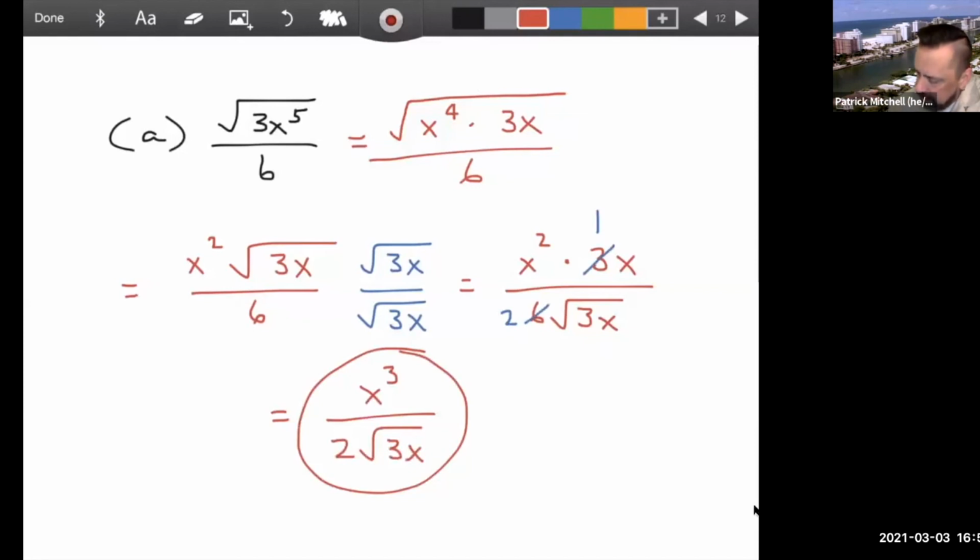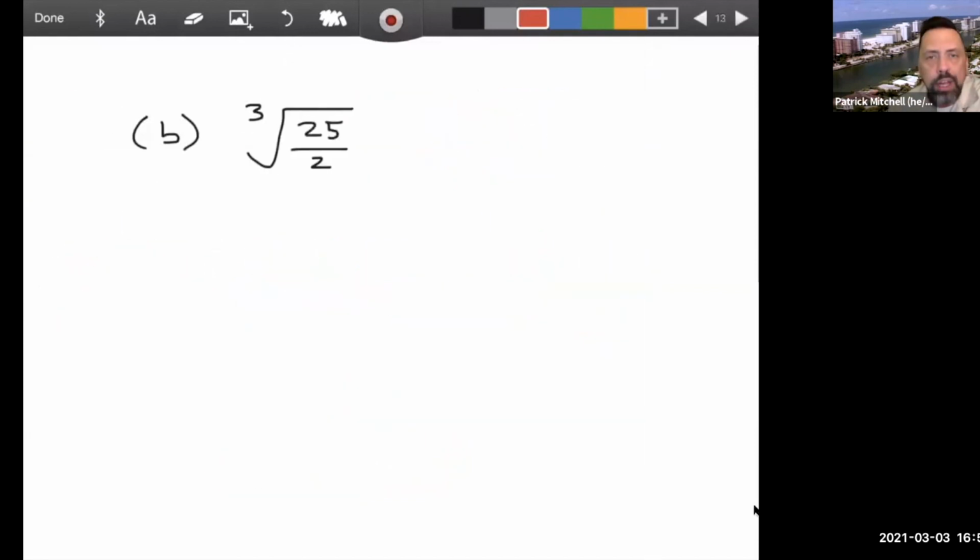All right, and then finally, the cube root of 25 over 2. So the first thing I'm going to do, as usual, when I have a whole entire fraction under the radical, is I'm going to use my quotient rule to split that up. I'm also going to write this 25 as 5 squared.